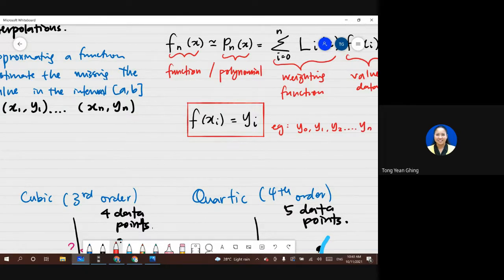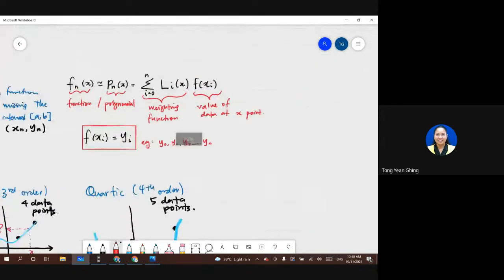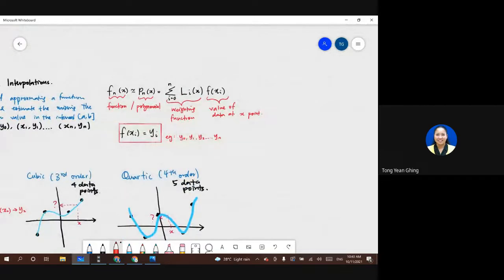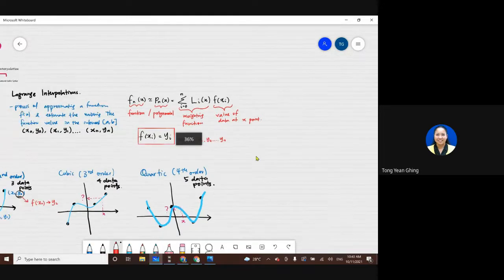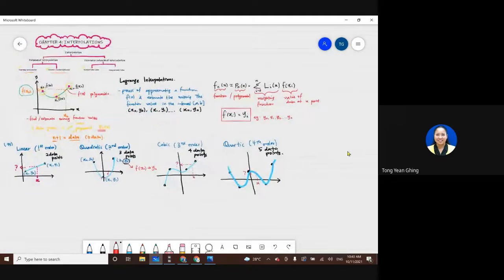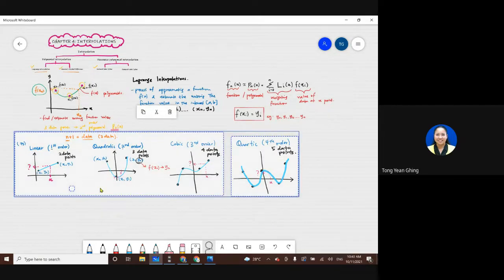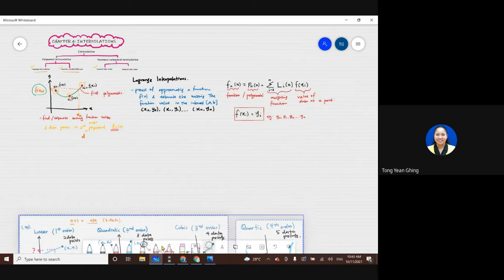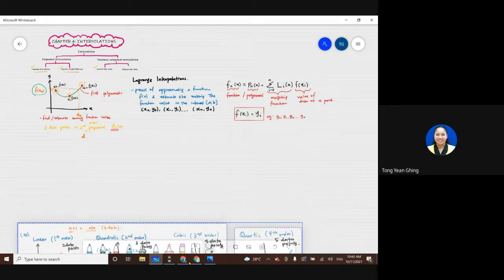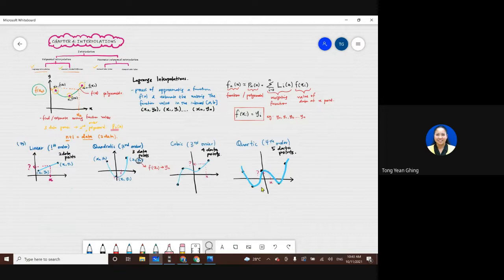Okay, so what is this one? Wait, it looks a bit blurry. Wait, I bring this whole thing down. Oops.